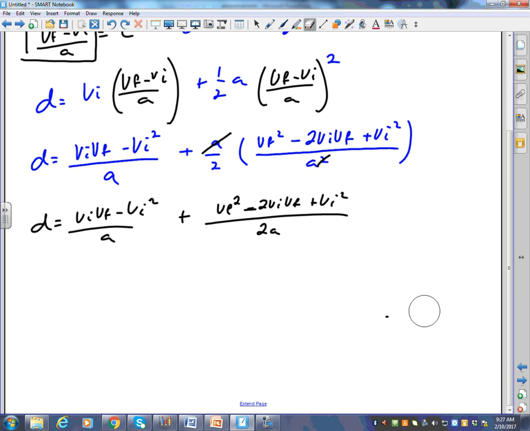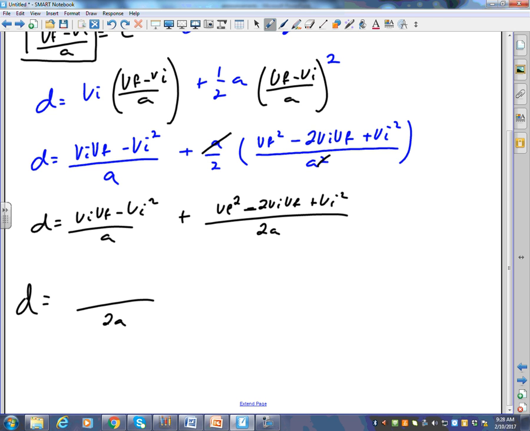So I need a common denominator here. So A and 2A, so I need to make a common denominator of 2A. Right? So all of this one's going to be exactly the same. And to make 2A on the bottom, if I multiply the bottom by 2A, I have to multiply the top by 2A.